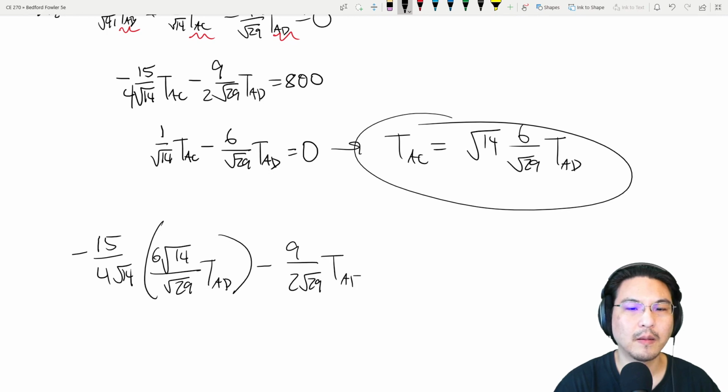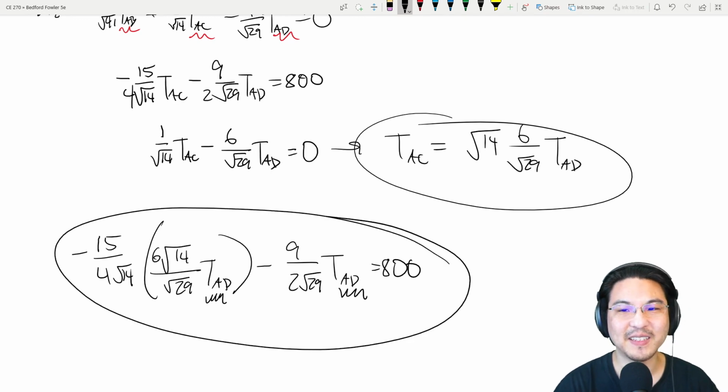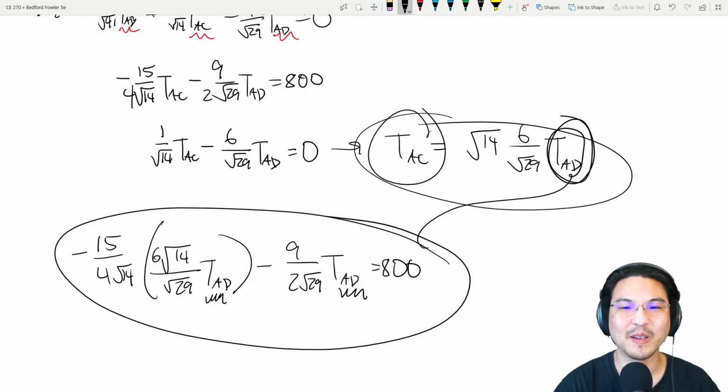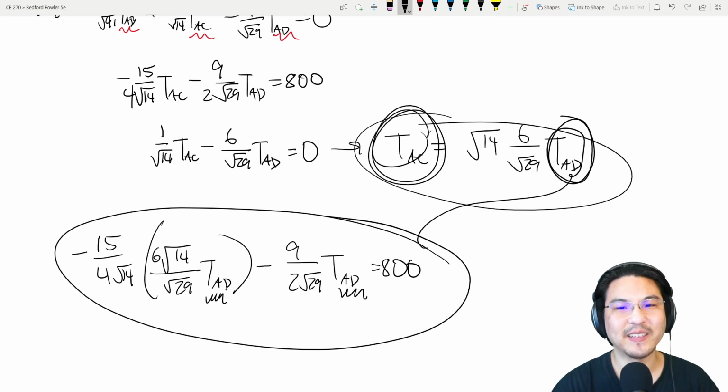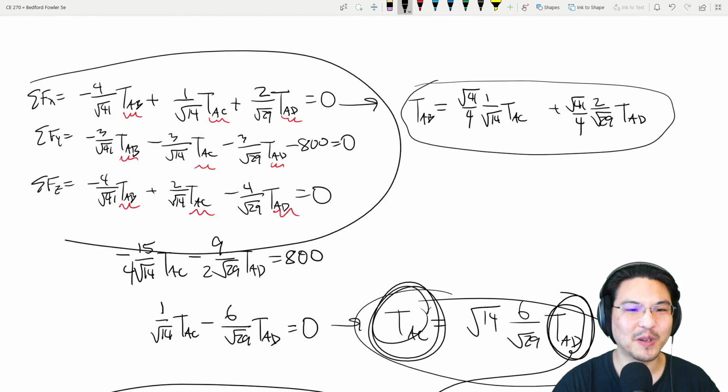And then what do we have? We have one equation for one unknown, right? See right here. So solve this for TAD, then you have the answer. Take that number, plug it in right here, then you have TAC. So you have TAD and TAC, and then you go back to whichever one of these three.